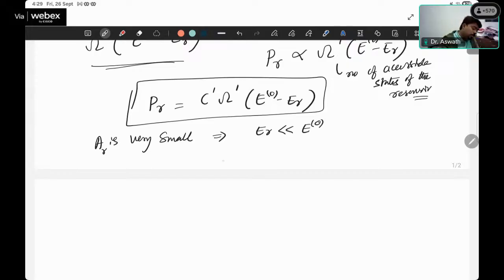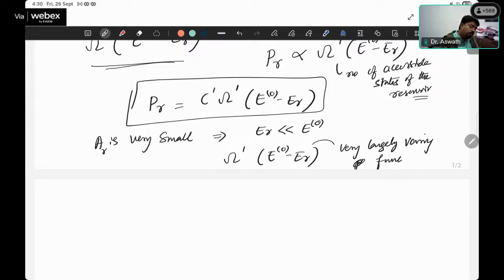Which means omega prime of E_O minus E_R is a very large, rapidly varying function, fluctuating like anything, because it is not minding the system.